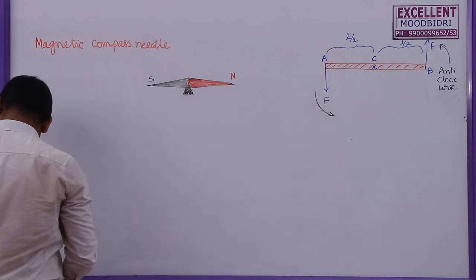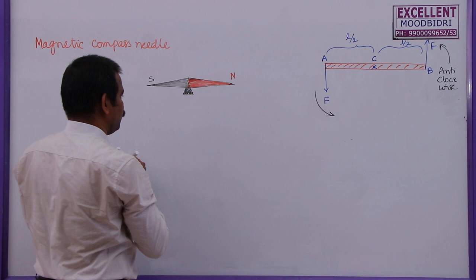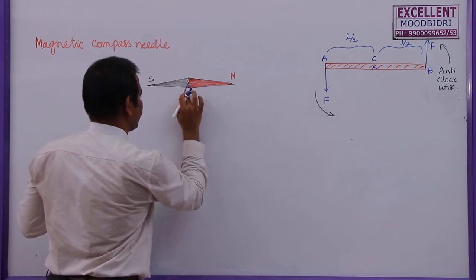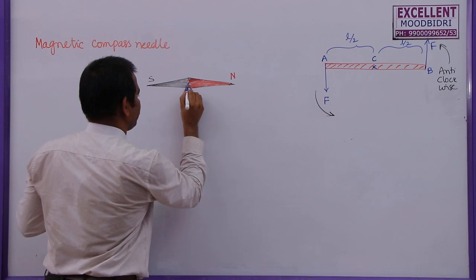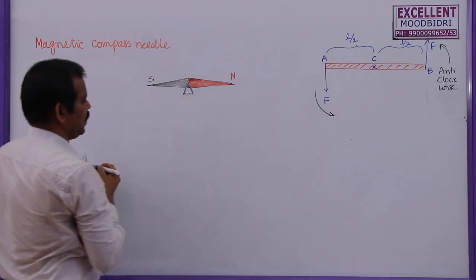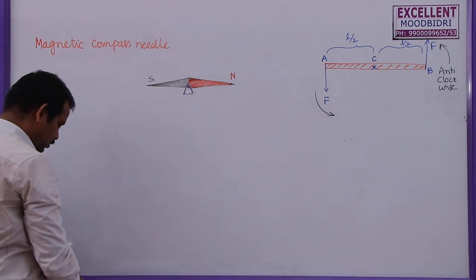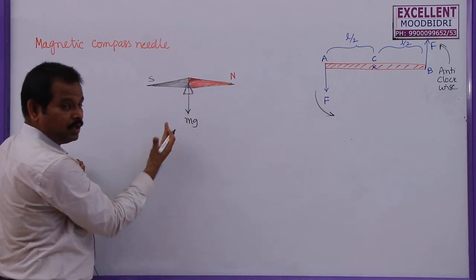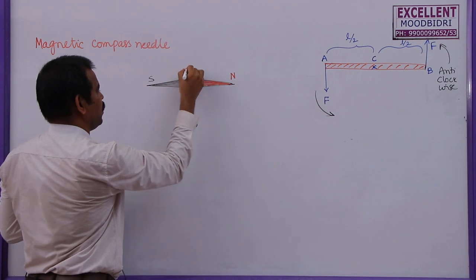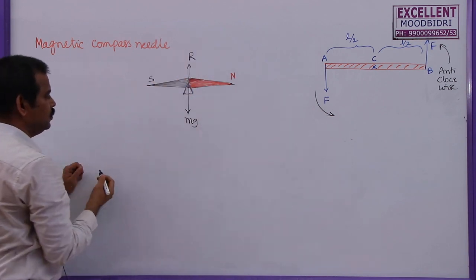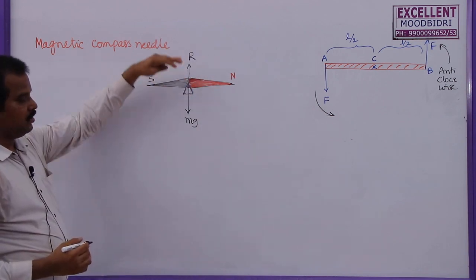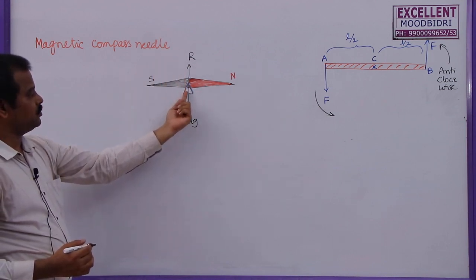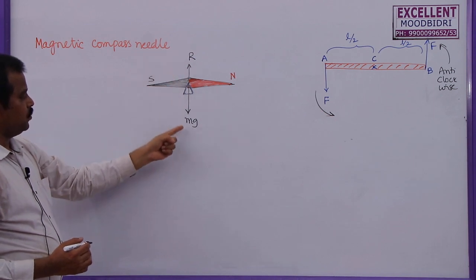Now it is kept on a pivot, that is support here. So what are the forces acting on this one? The weight of this one is acting downwards, and this support will give an equal and opposite force on this one, R. So we can say the weight is acting downwards and the upward force or normal reaction given by the support on this one is equal and opposite to this weight.